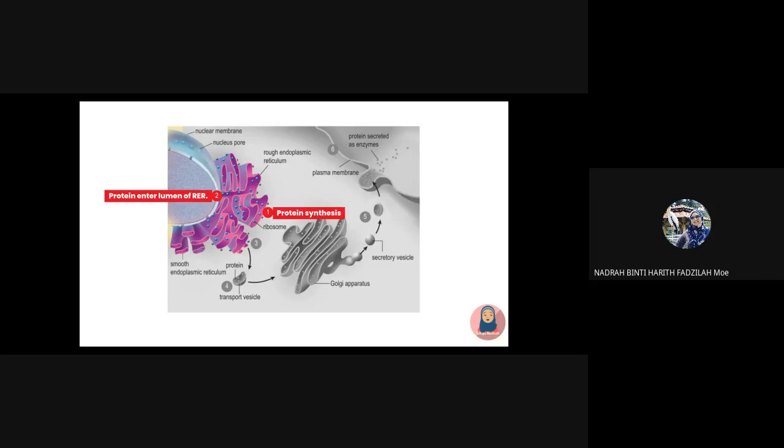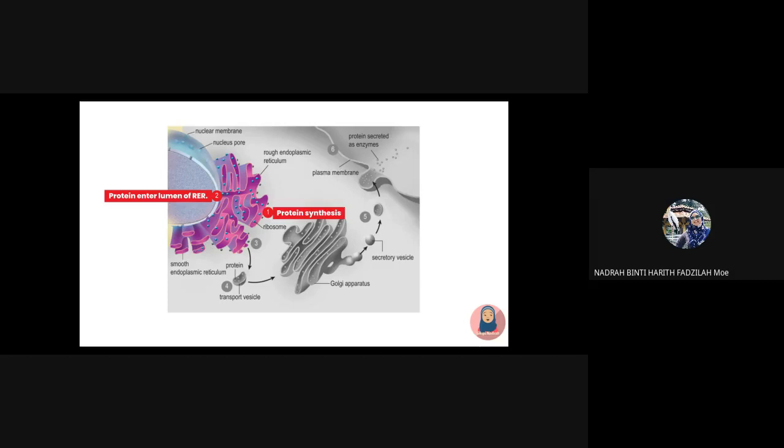So kenapa proses translation nama dia? Sebab ribosome will read the RNA and ribosome will translate the genetic code in the form of what are the sequence of amino acids that is needed to produce that particular extracellular enzyme. Kenapa kita panggil proses tu translation?